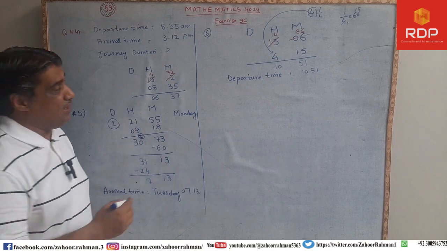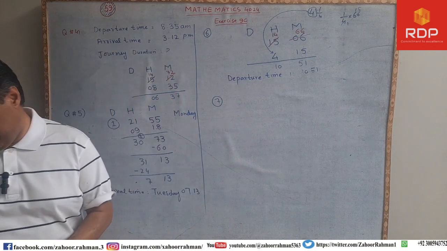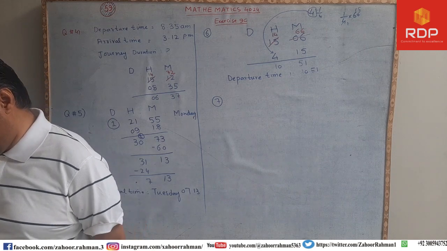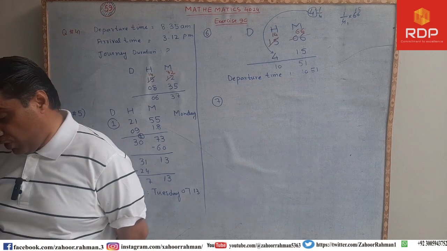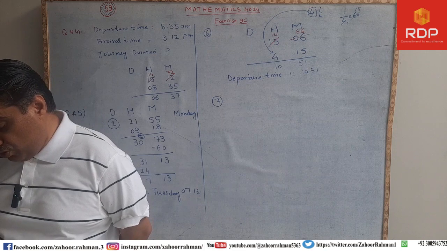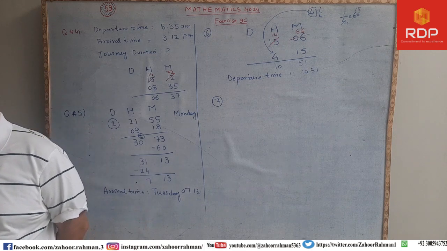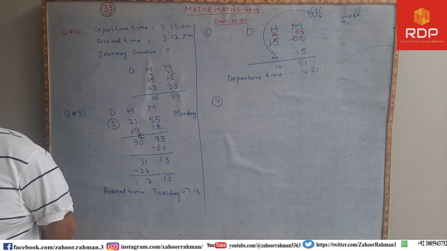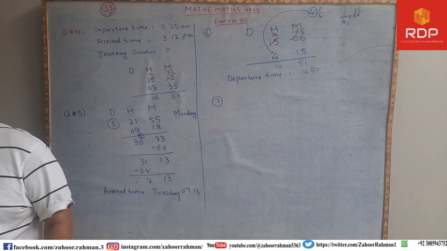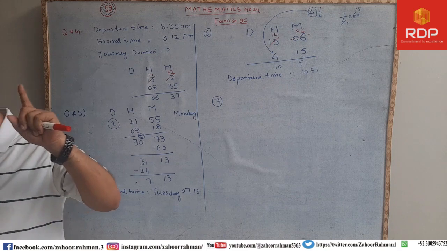Now we are turning our focus to question number 7. Question number 7 is saying, according to a timetable, a coach was due to leave a station at 22:55 and arrive at its destination 06:05 next day.